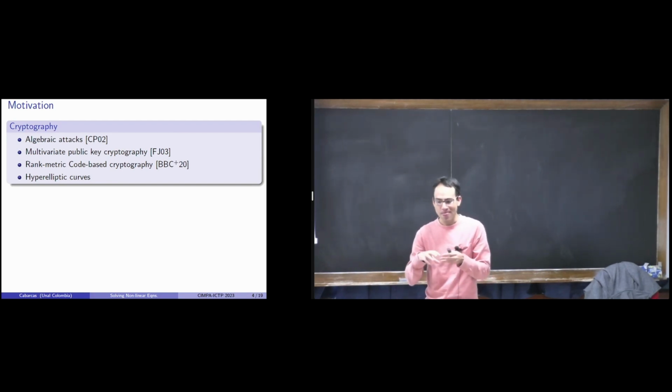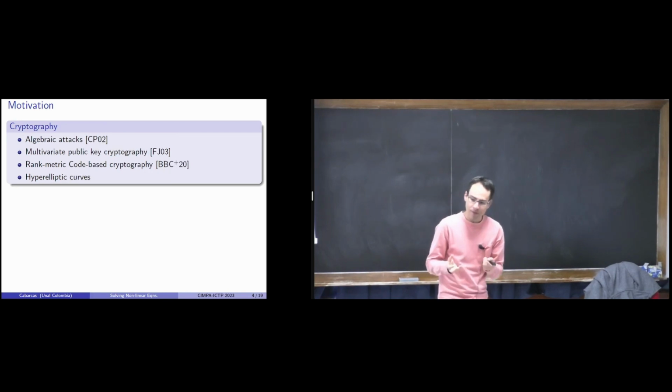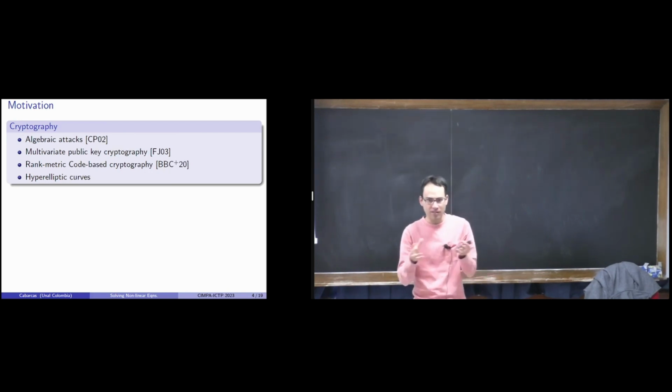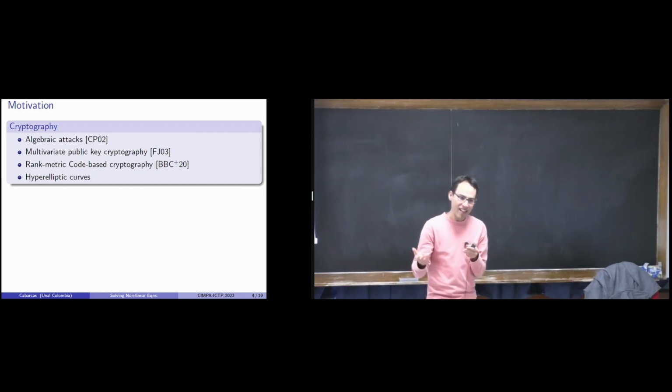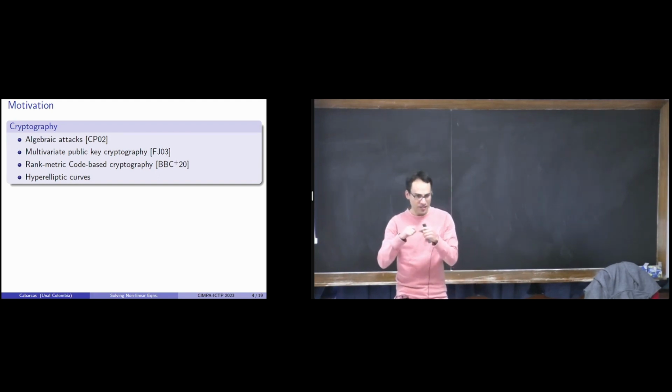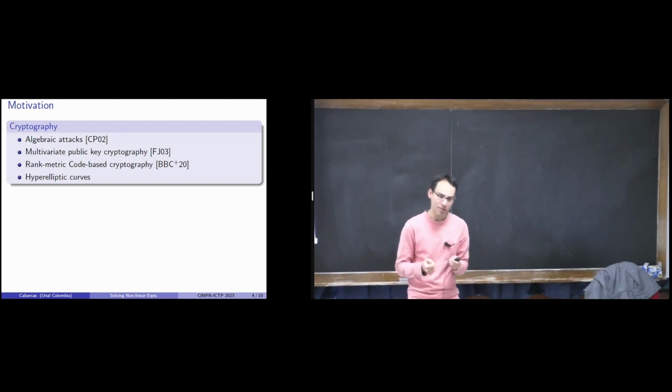And it turns out that for the 2-Sylow group, there's a very easy, very classical way to do it. But for larger l's, what you can do is set up the problem as solving a system of polynomial equations.